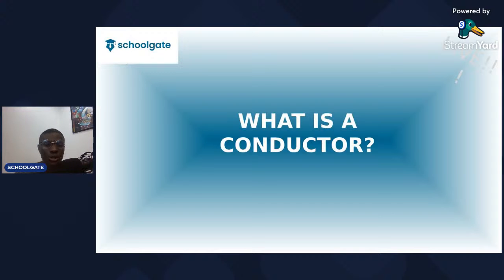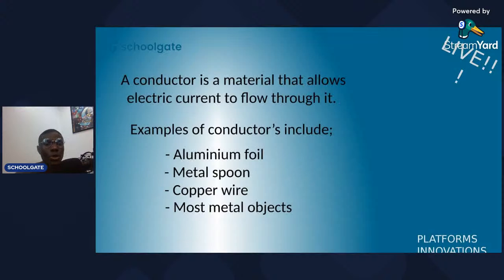In our Robotics 101 course, we were told that a conductor is any material that allows electric current to flow through it. Conductors are simply materials that allow the flow of electric current.